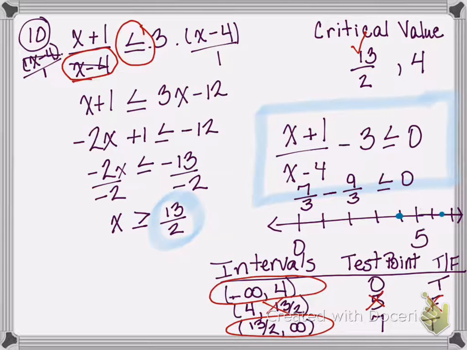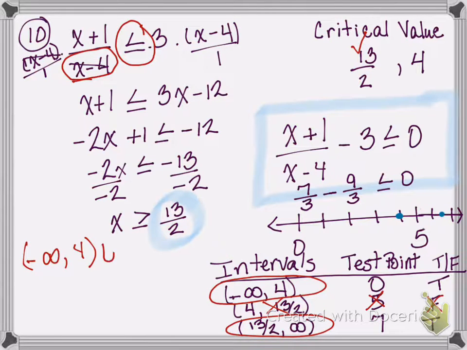If I put 4 in there, that's going to give me something undefined, and I cannot have anything undefined. I cannot have 0 in my denominator. So when I write my interval negative infinity to positive 4, I have to use a parenthesis at positive 4 because 4 cannot be included. If I were to use 4, it would be undefined, so I can't. So I'm going to have negative infinity up to 4, but not including 4. That's why I have that parenthesis.